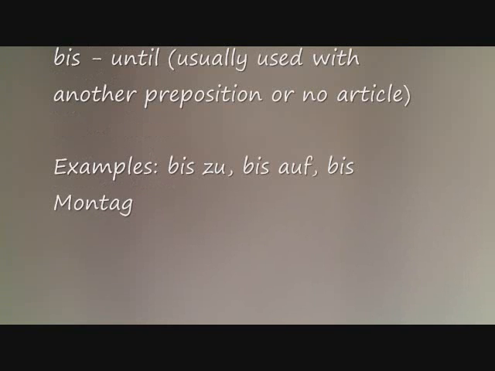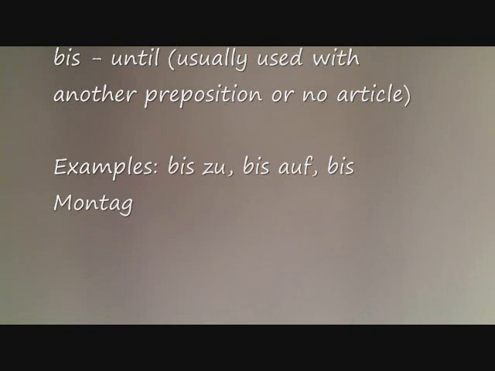And along, you'll have to be careful because sometimes the object of this preposition will come before the preposition. I'll explain it later. There's finally another one. It's bis, which means until, which is technically an accusative preposition. However, most often in the German language, bis is used in combination with another preposition like bis zu or bis auf.